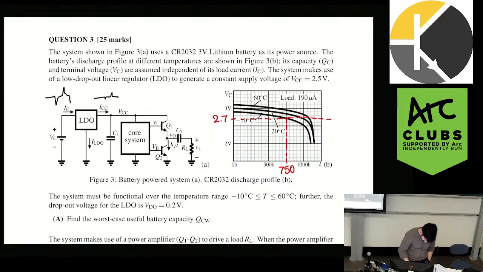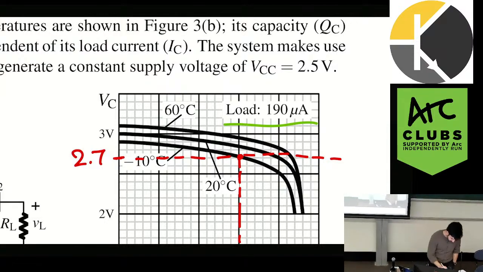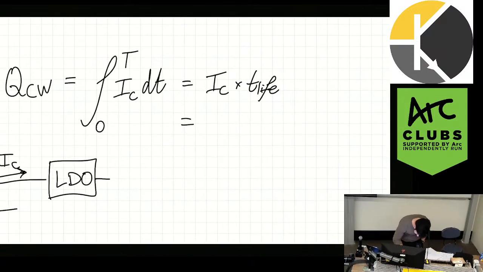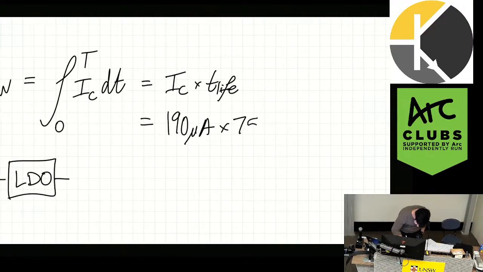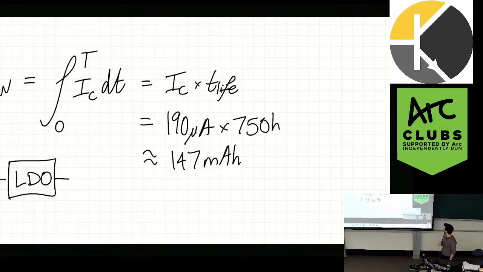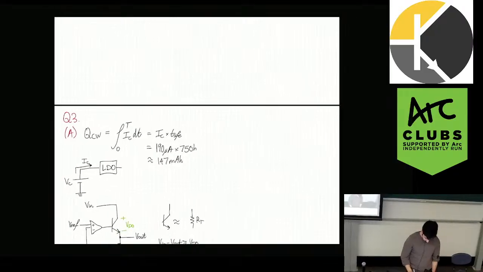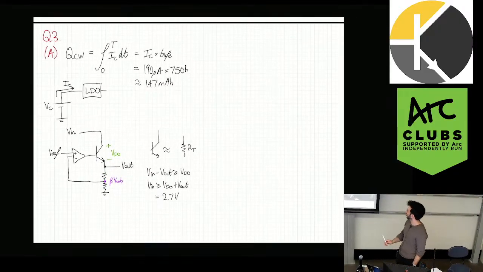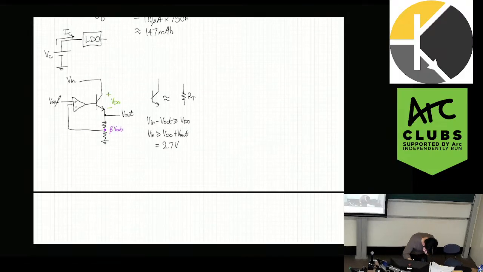So in that case, this is 190 microamps multiplied by 750 hours, which is approximately 147 milliamp hours. And that's done. Any questions? So anytime you approach this question, define what you need first. Even if you think you know it in your head, just having it written down makes it so much easier. Next, Part B.